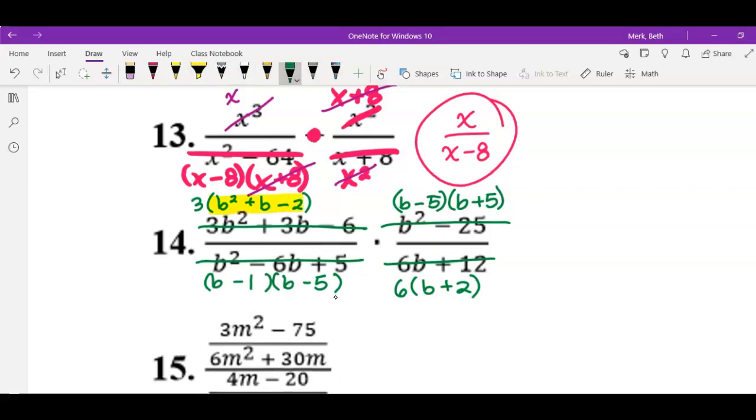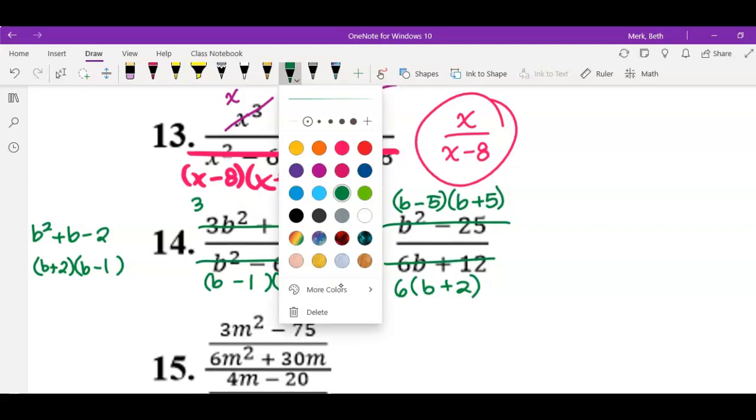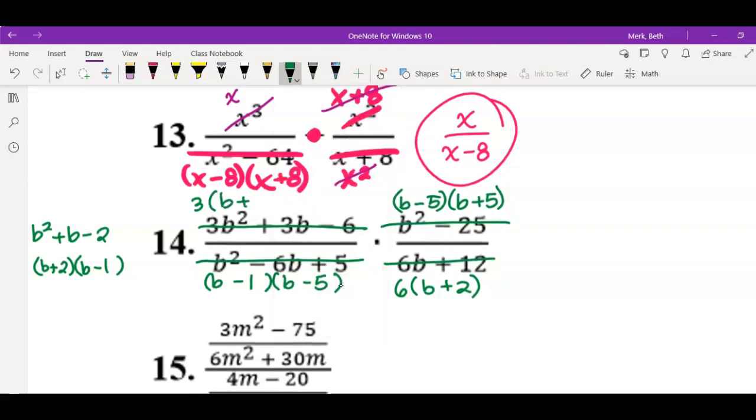This also factors. b squared plus b minus 2 factors to b plus 2 times b minus 1. So I'm going to go ahead and replace that. b plus 2 times b minus 1.